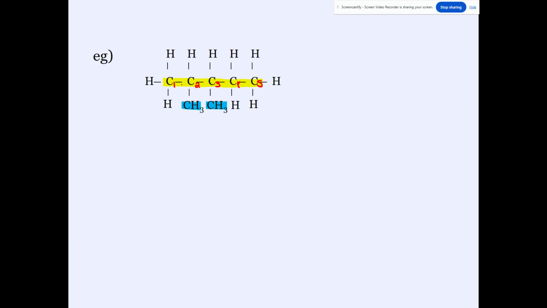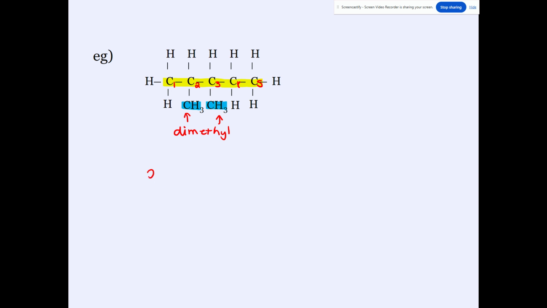Now, when I have 2 branches that are the same, these are both methyl branches, we can combine them together and use the prefix di. So I have 2 of the same branches. They're on carbon 2 and carbon 3, so this is how I name it.